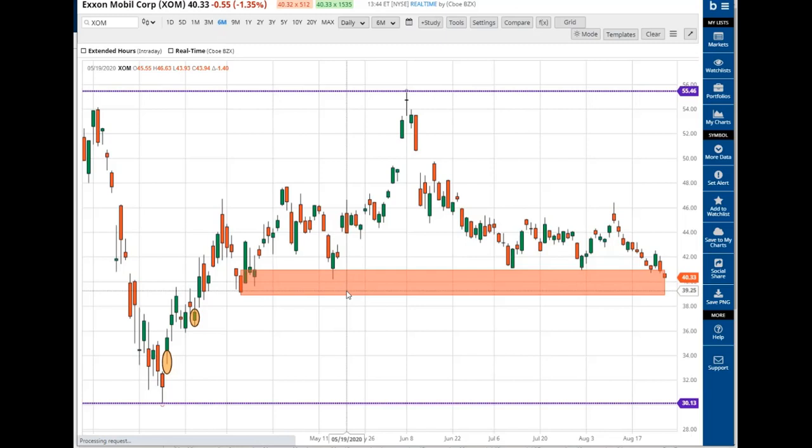Now, why did I pick Exxon? Well, some of you might have realized or haven't noted this, but the Dow 30 index has decided that it wants to rebalance the Dow 30, and it's going to take Exxon out of the Dow 30 index and replace it with Salesforce, right?